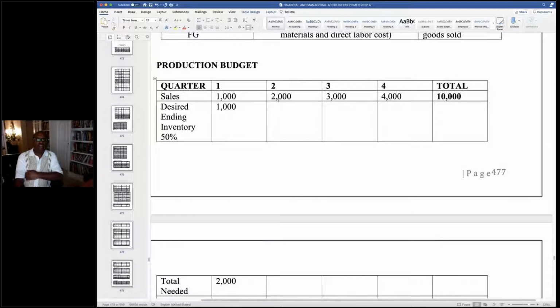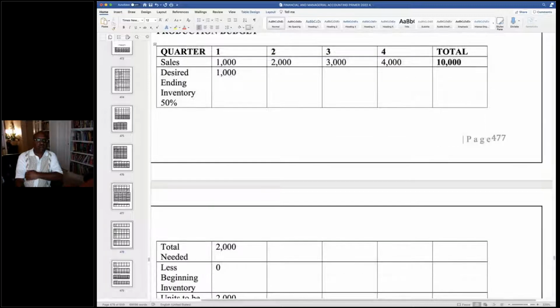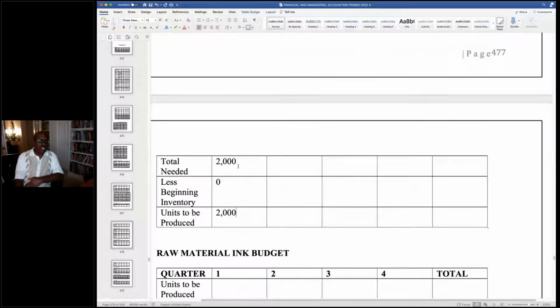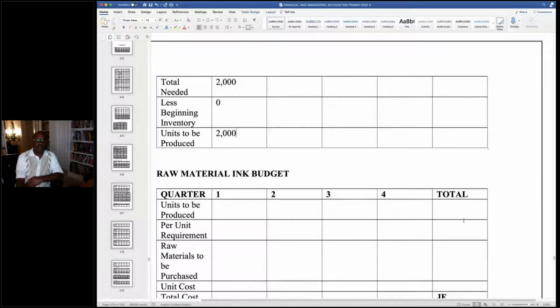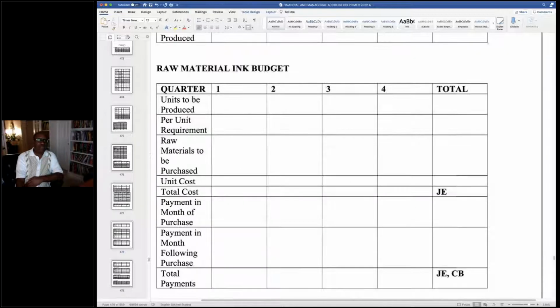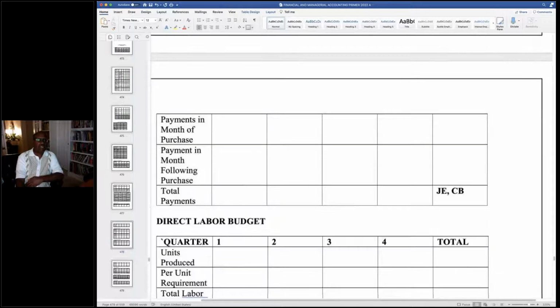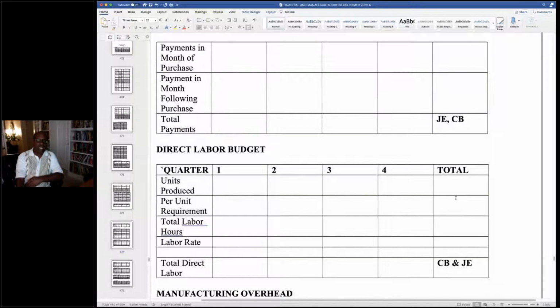So it's available the first day of that quarter. Got it now? Yes, thank you. You need to finish this today so these people will have it, because that's their first line, for raw materials ink, raw materials paper, and direct labor.